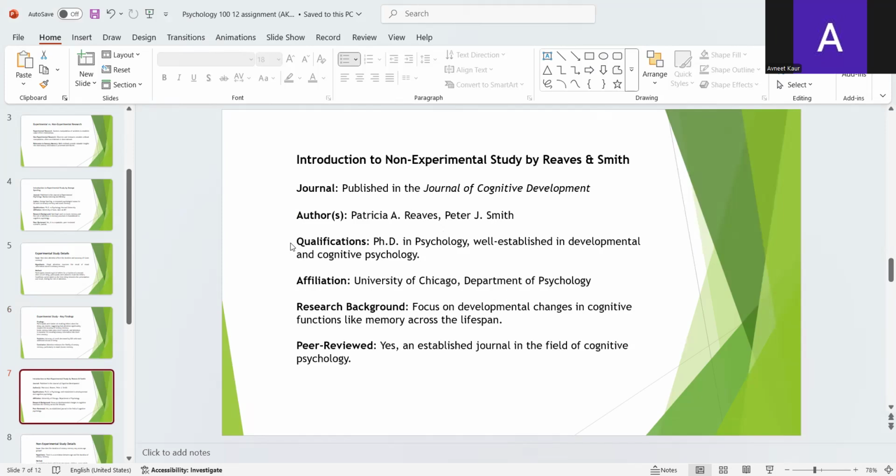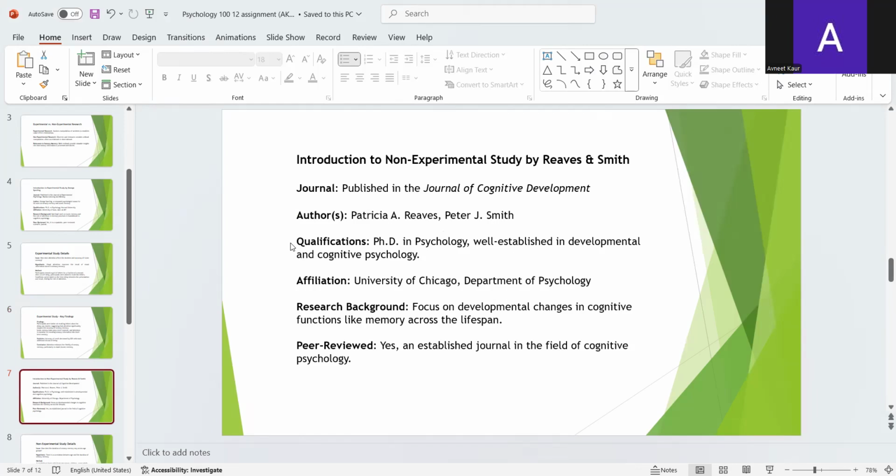Furthermore, to introduce the non-experimental study, firstly, I would like to say that it is an entirely fictional non-experimental study. It doesn't have any real author, so I put the names of the authors just as fiction.